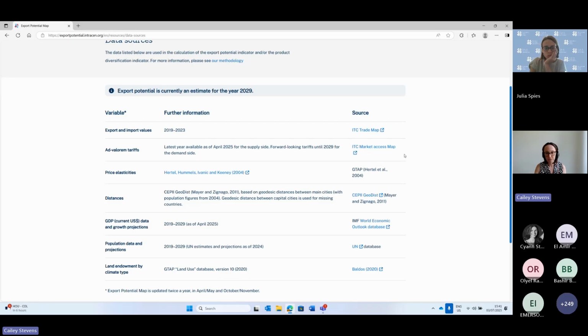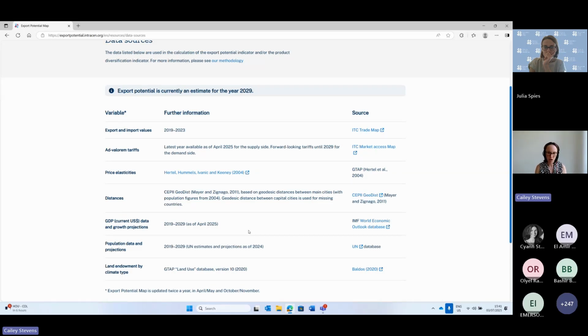For data on tariffs, it's coming from ITC's Market Access Map. We have information here on price elasticities and distances, which are used in the model, as well as our GDP and population growth projections. So importantly, these GDP growth projections are coming from the IMF World Economic Outlook.